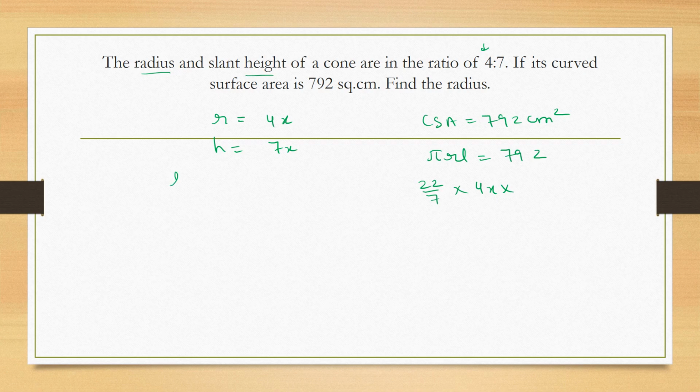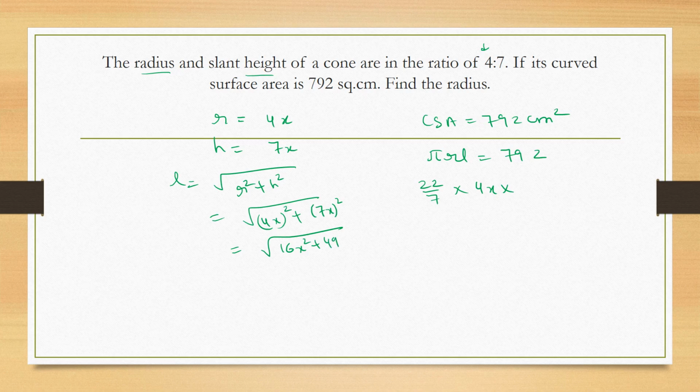It is not given, but we know that r square plus h square, right? So that means 4x plus 7x whole square, 16x square, 7 7s are 49x square. So 65x square. This will be L. This becomes 792. Correct?